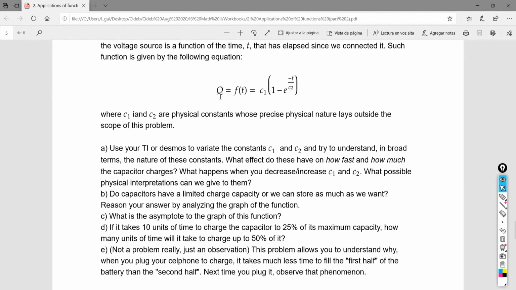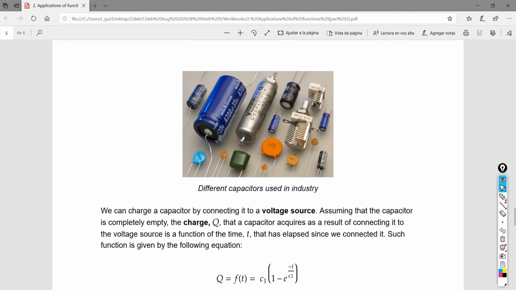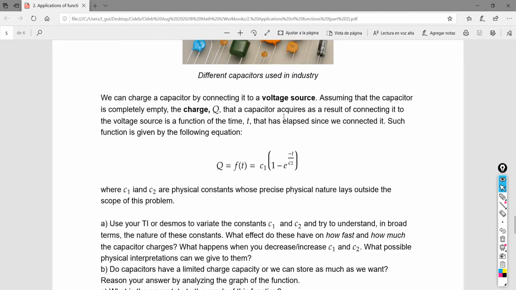In this case, the charge that goes into the capacitor as a function of time, starting from the moment you connect the voltage source to the capacitor, behaves in this way. You may be asking, why does it work in this way? It just does. Some people have discovered that this is the mathematical model for such a device, and you're just going to use it.